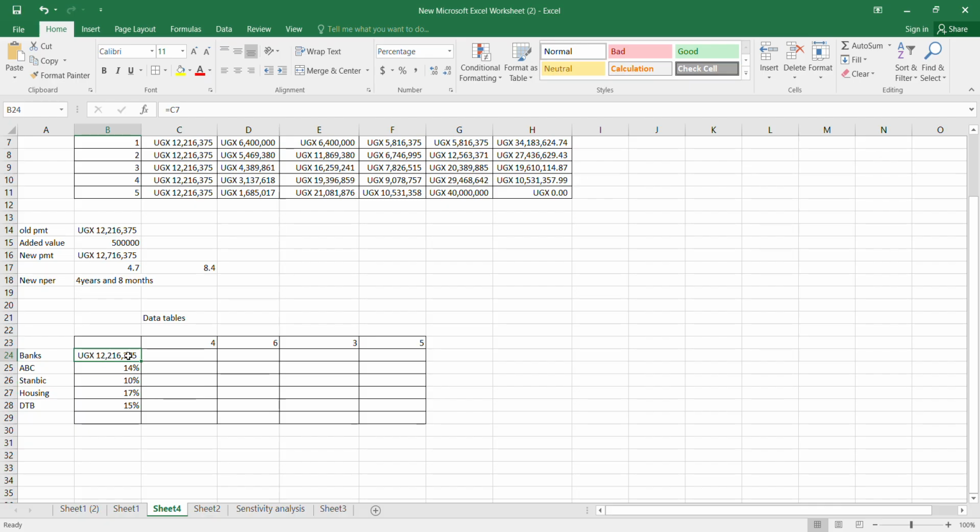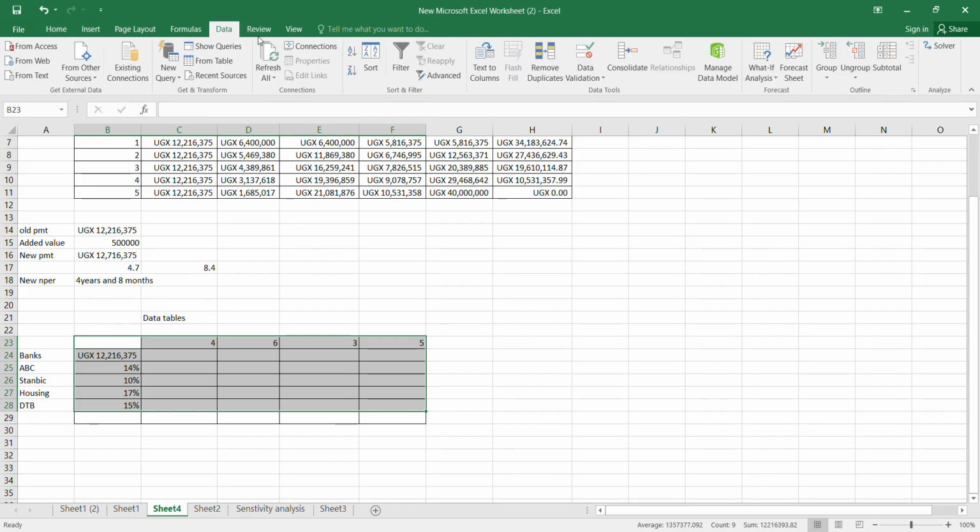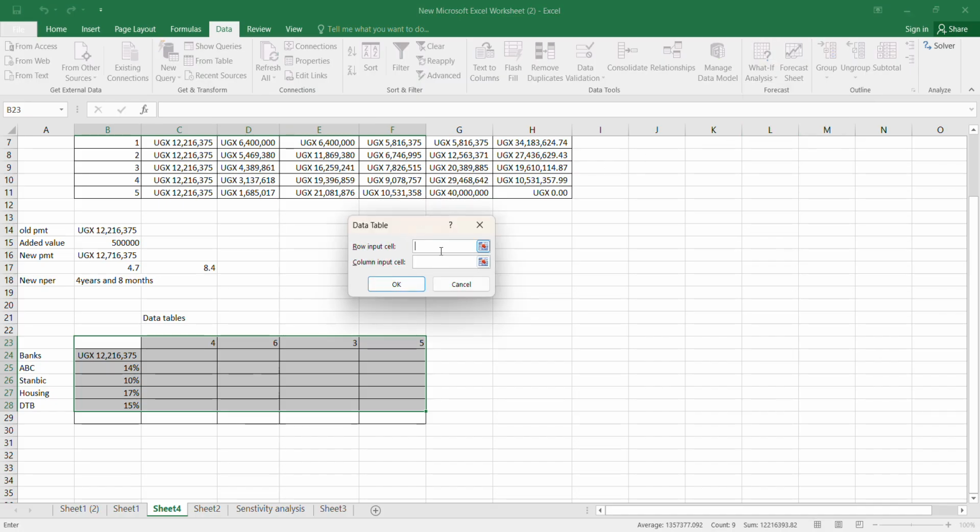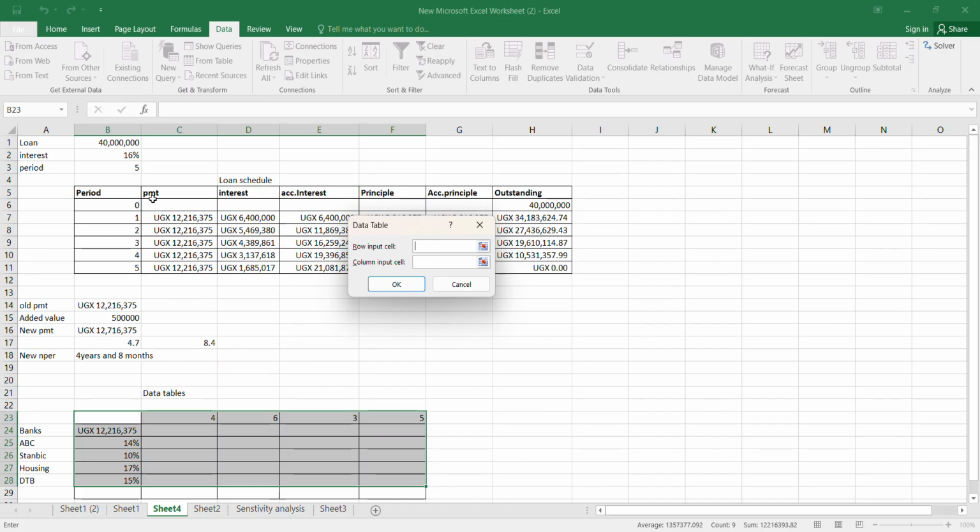Okay, then we shall highlight all of this part. We go to the data tab, what-if analysis, data tables. So they're asking us the row input cell. What is our row input? In the row input, we have the time, or the NPER. Okay, we shall come here and select our NPER.